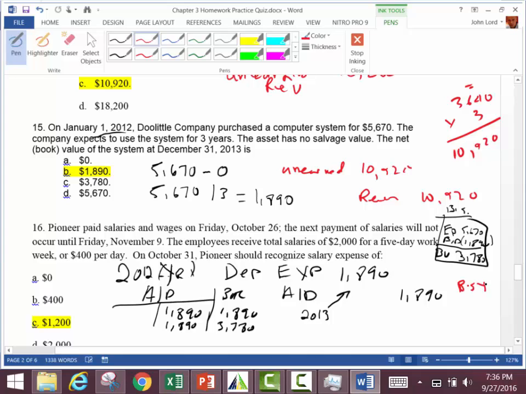What year is it now? Year 2 or 2014. How much is the equipment? 5,670. How much is the accumulated depreciation now? 3,780. 5,670 minus 3,780. What's the carrying value, the book value of the equipment now?